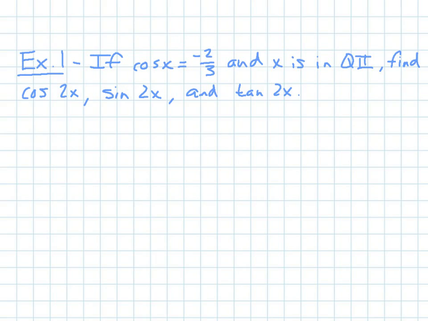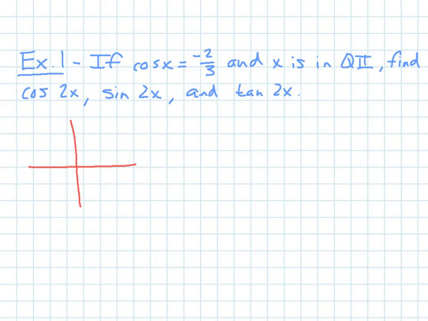So here, because you have cosine, you need to figure out what your sine and cosine are, both of them. You won't really need to know the tangent for your half angle, because you don't actually use tangent for the formula. It'll only be if you're doing tangent of 2x that you need to know it. But since we create the triangle, we'll have it no matter what.